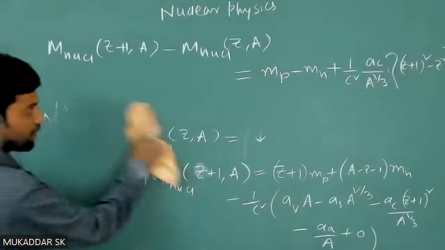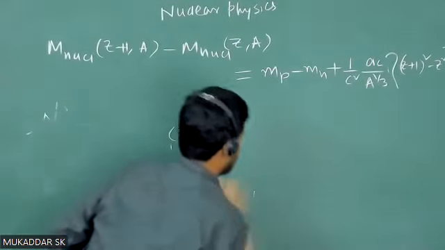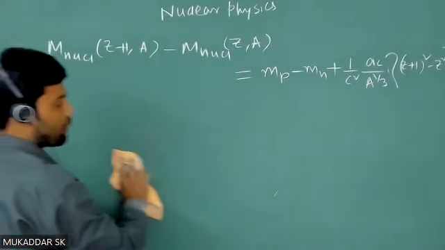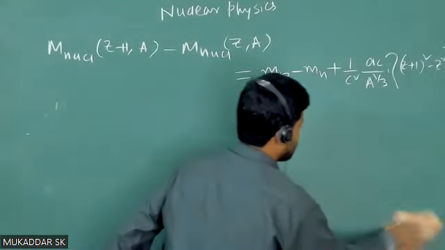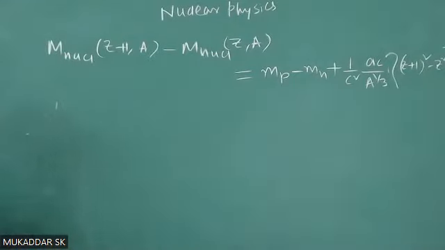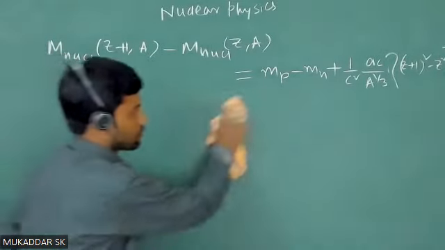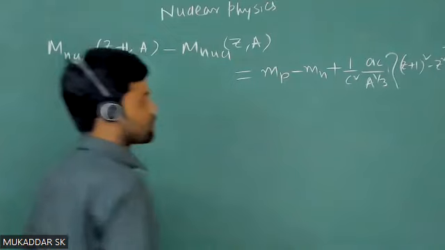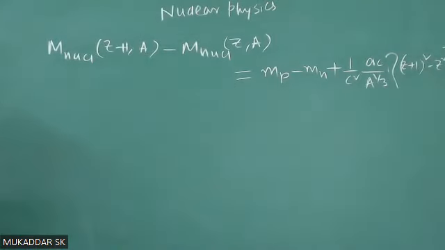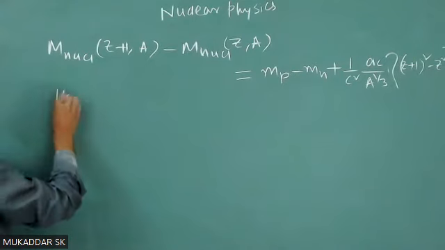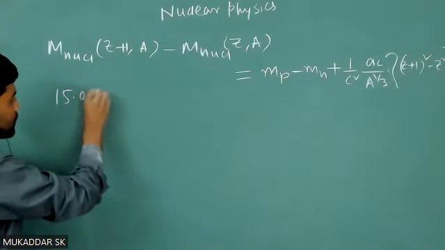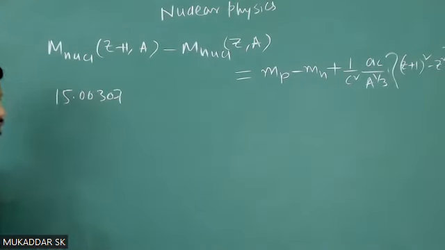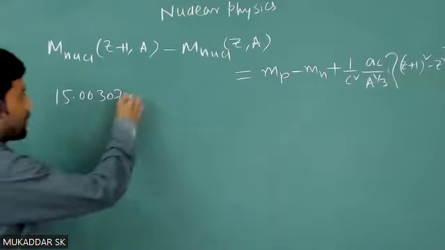Now everything is known here, all except the Coulomb coefficient. You know the mass of proton, mass of neutron, everything. This mass is given. How much was given? I think it is given like 15.00307 in terms of atomic mass unit, right?